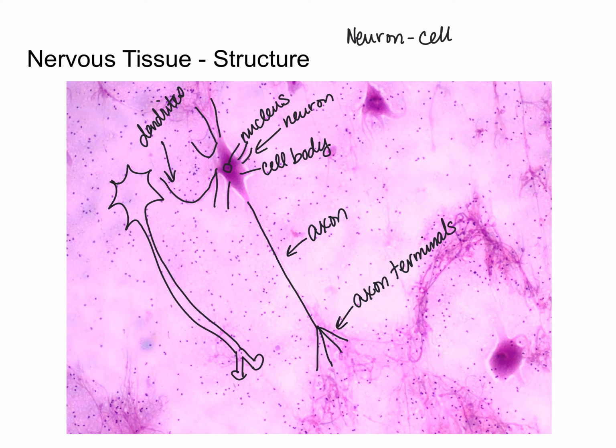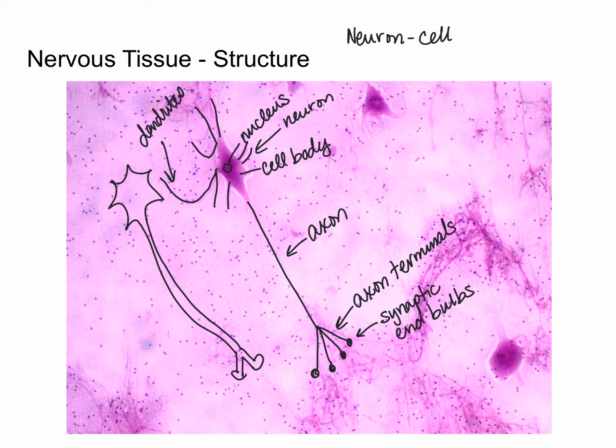And it's kind of hard to see, but at the end of these axon terminals, there would be little round ends called the synaptic end bulbs. And the synaptic end bulbs are where neurotransmitters are released. And so neurotransmitters are how a neuron communicates with another cell.